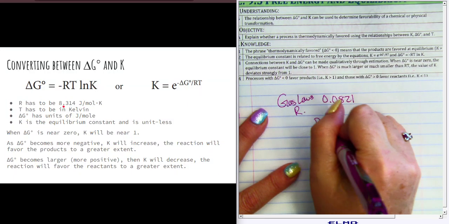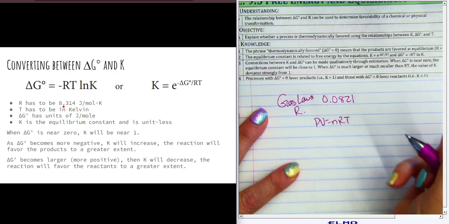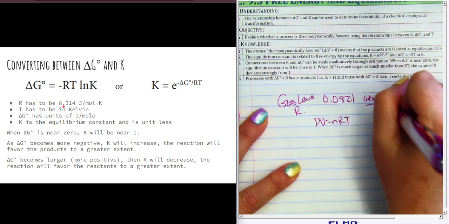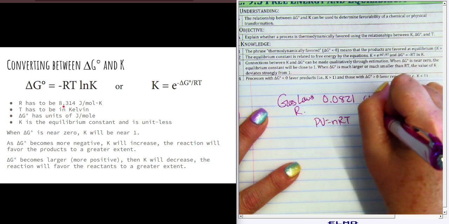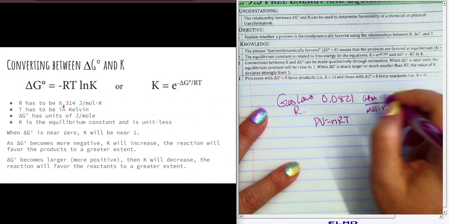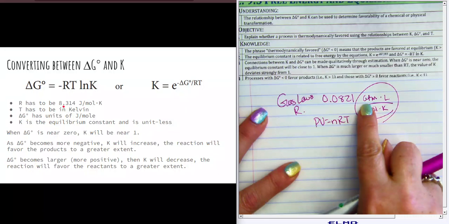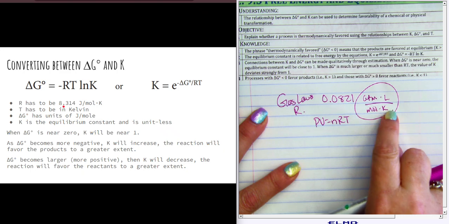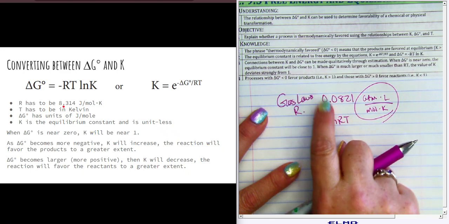That comes from PV equals nRT, right? And so look at your units. The unit should be atm times liters over moles times Kelvin. Look at the units. Atmospheres, pressure, gas laws. Pressure, volume, temperature, gas laws.